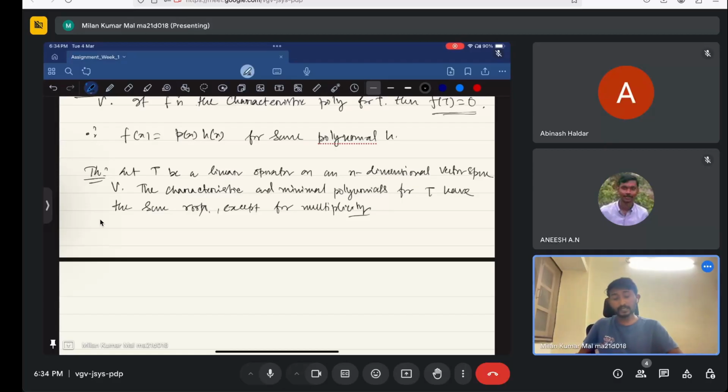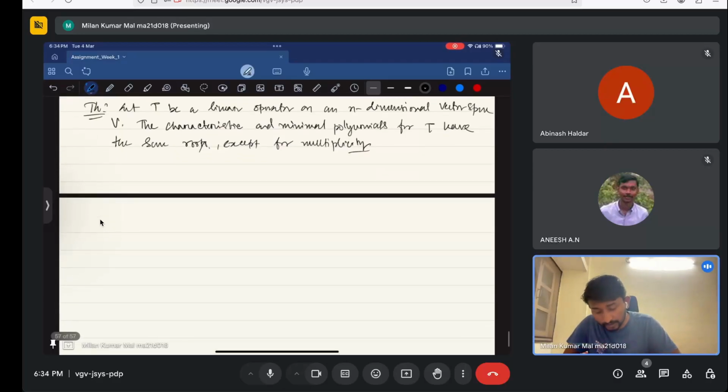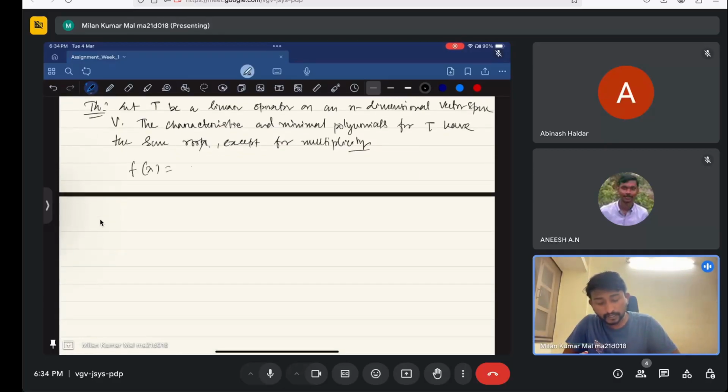What I am saying here is that, let f be the characteristic polynomial given by (x minus lambda 1) to the power d1 up to (x minus lambda k) to the power dk, where the lambda i are all distinct.